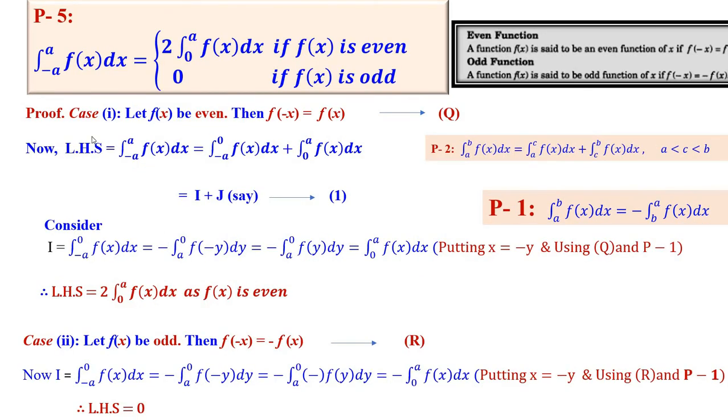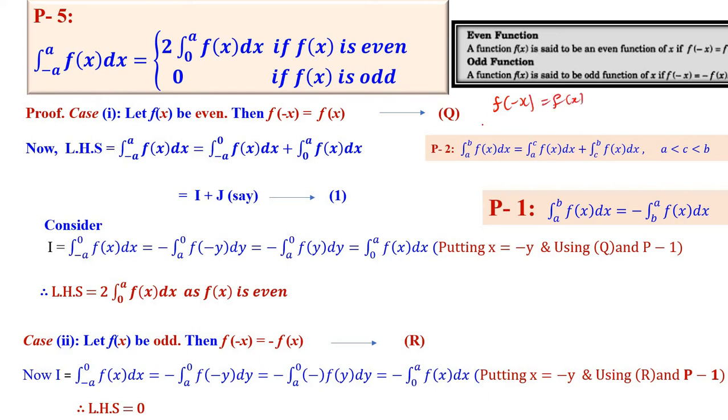Now next property, whenever f of x is an even function. By even function we mean this: a function f of x is said to be an even function if f of minus x is equal to f of x.